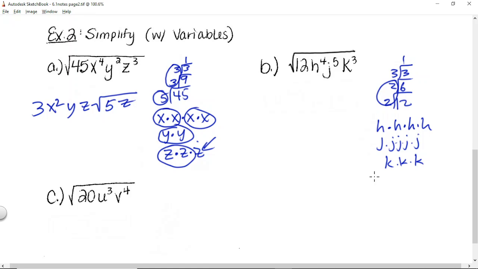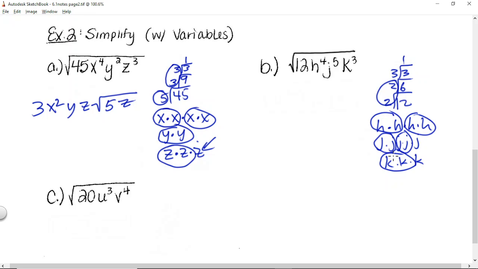Okay, so now we have to look for groups there, and it's groups of 2, because our index here is 2, remember? So we have a couple of those h, and we have a couple j's, and we have a group of 2 k's.